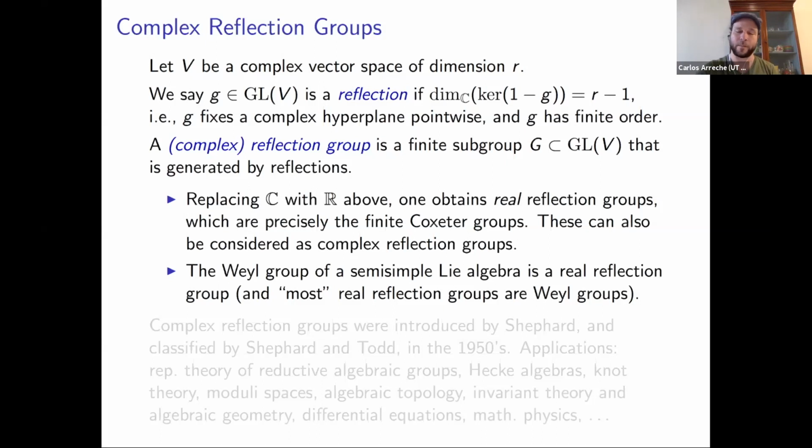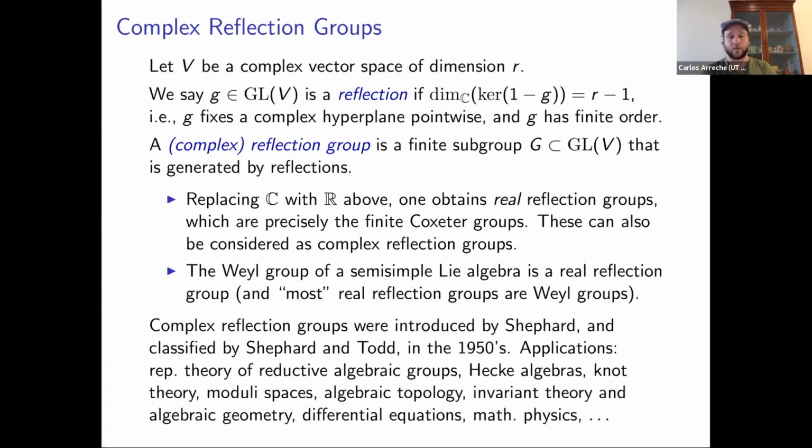So the study of these groups was initiated by Shephard, who introduced the notion in the early 50s, and then they were subsequently classified by Shephard and Todd, kind of generalizing the classification of Weyl groups for semi-simple Lie algebras.